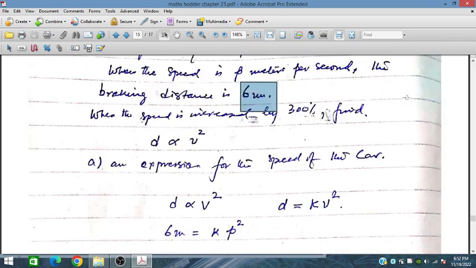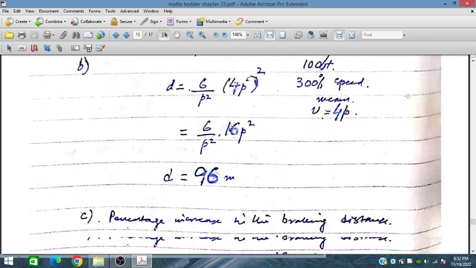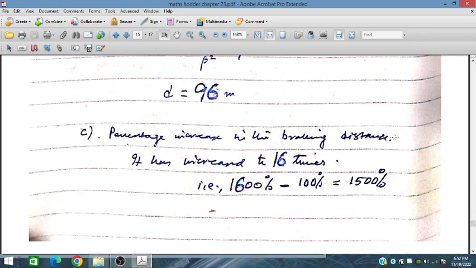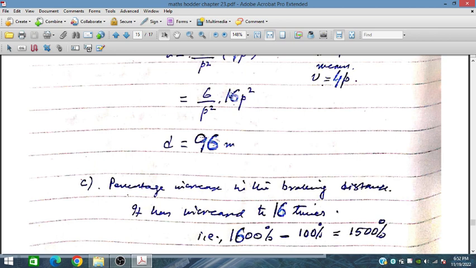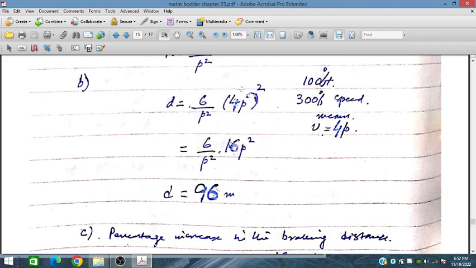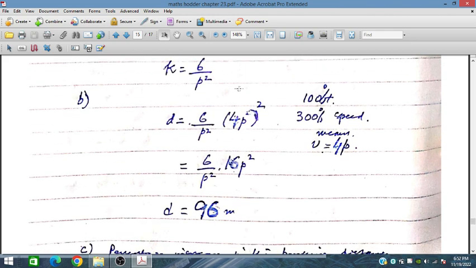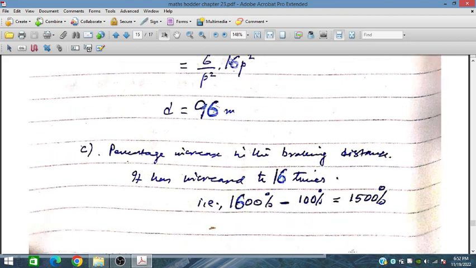And part C is very important, the percentage increase in the braking distance. It has increased to 16 times, because we can divide 96 by 6 and we get 16.